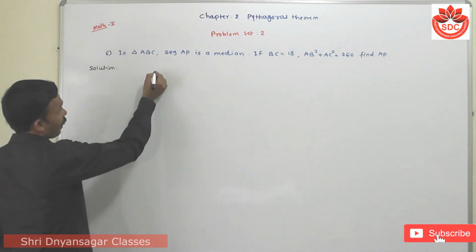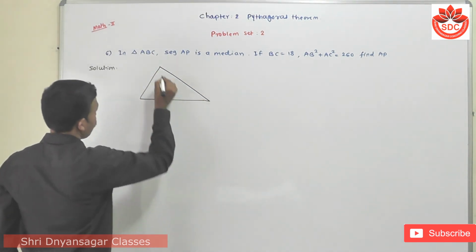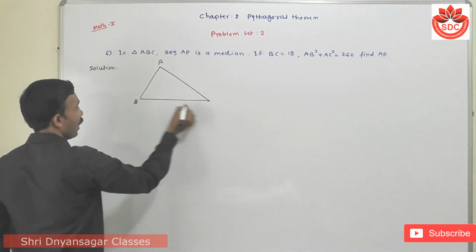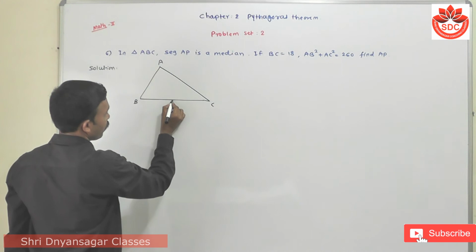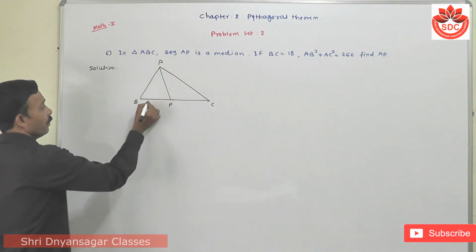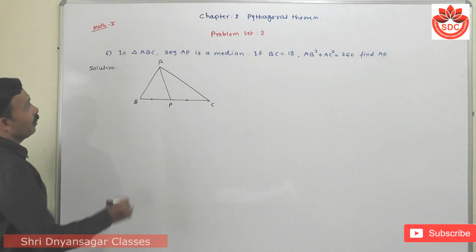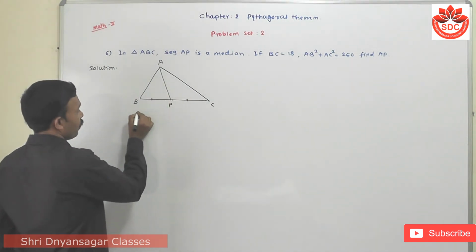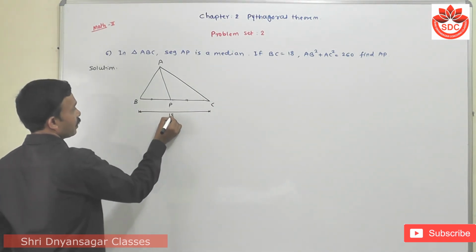Now for this, students, first we have to draw the figure according to the given information. Here is triangle ABC. I have to draw one triangle here. Suppose this triangle is A, B and C. AP is the median, which means P is the midpoint here. Median means this is the midpoint. Now look here, the total value of BC is given. The length of BC is 18 units.